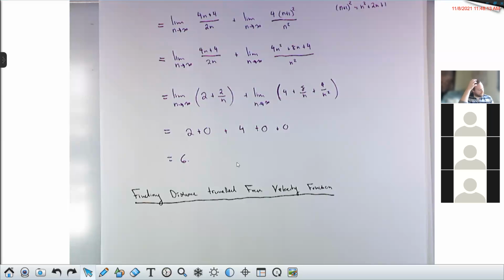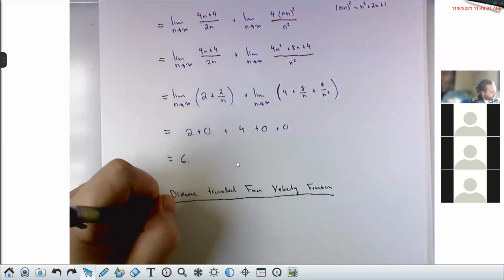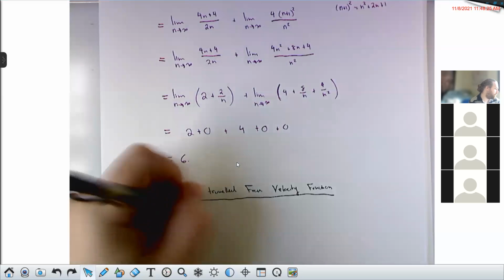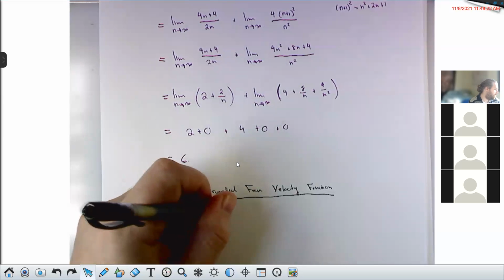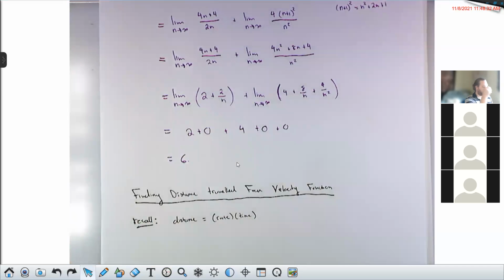And the reason for that is that your distance is equal to the rate of travel times the time, right? If I'm going 2 miles an hour for 5 hours, then I will go 10 miles.